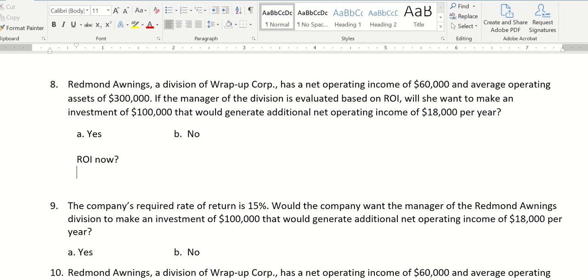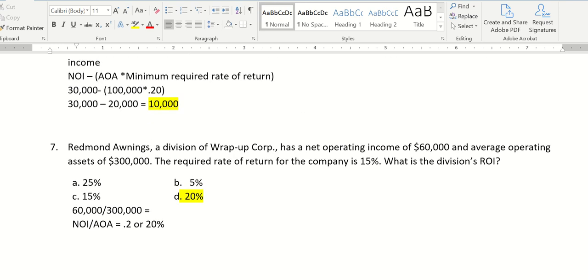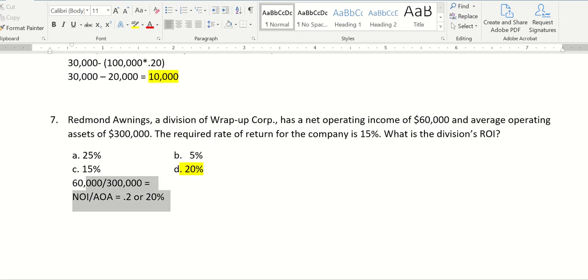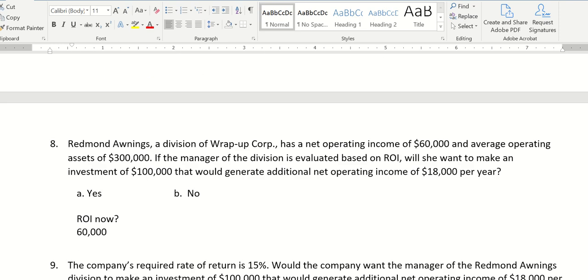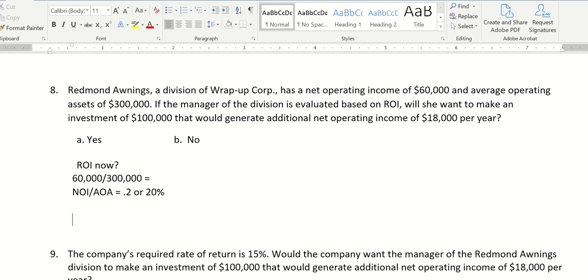So right now they're making 60,000 net operating income. We did this before, right? 60,000 divided by 300,000. They're making a 20% ROI right now. Should we invest? So now just looking at this project separately, let's look at it as its own separate investment.